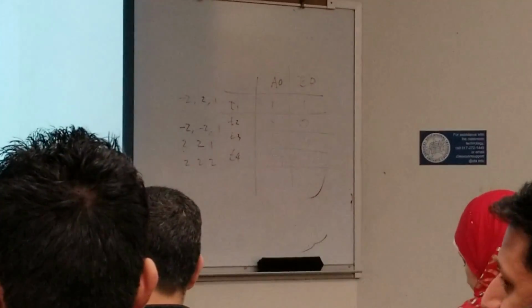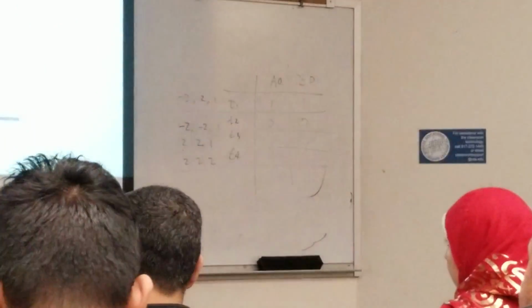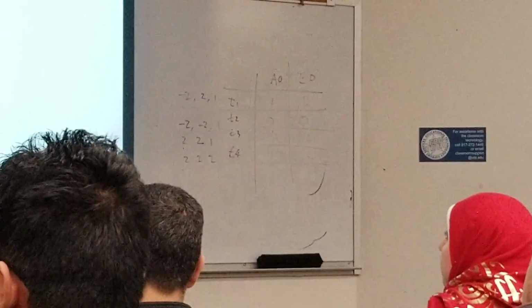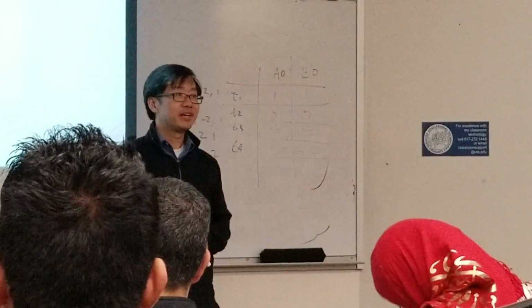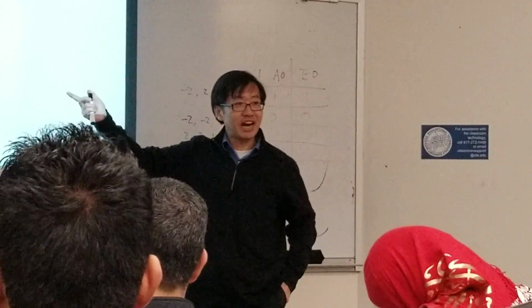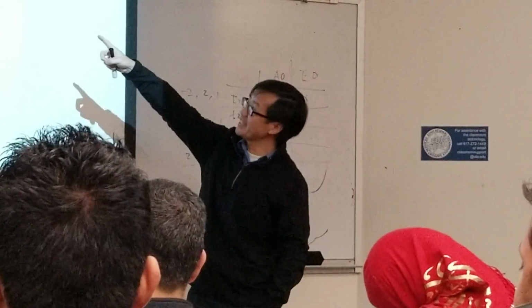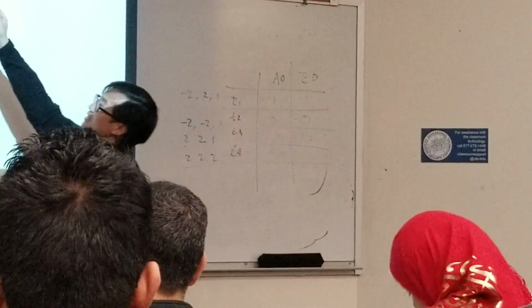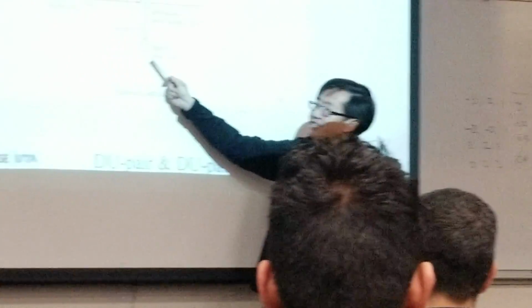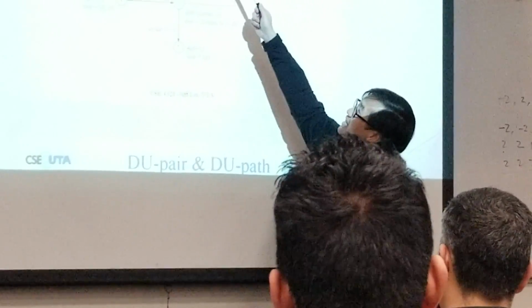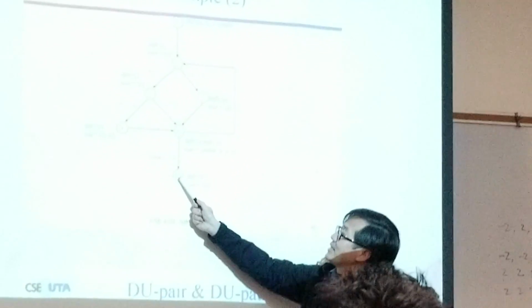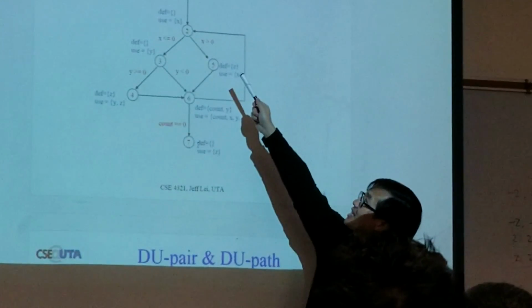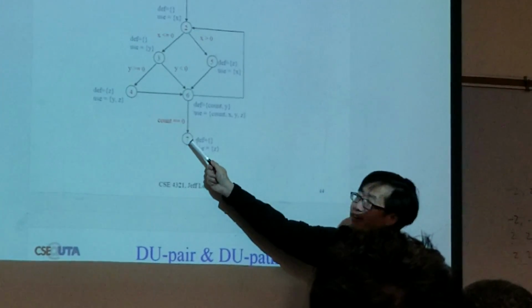I want to mention that if you look at the control flow graph, these 4 test cases satisfy branch coverage. The first test case goes to 1, 2, 3, 4, 6, 7. The second goes to 1, 2, 3, 4, 1, 2, 3, 6, 7. The third is 1, 2, 5, 6, 7.